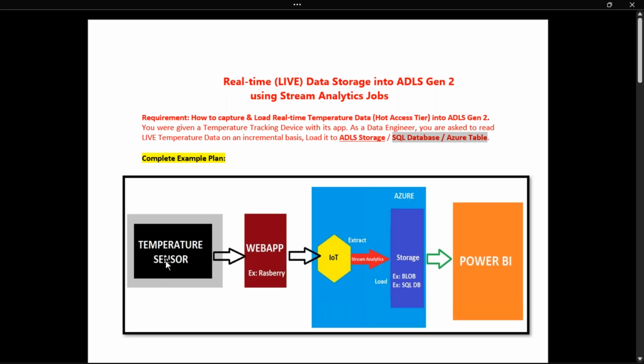Something like this. We have a CC camera. From the CC camera, we get the line, a wire line or Wi-Fi or some other kind of network like GSM or mobile network, whatever.